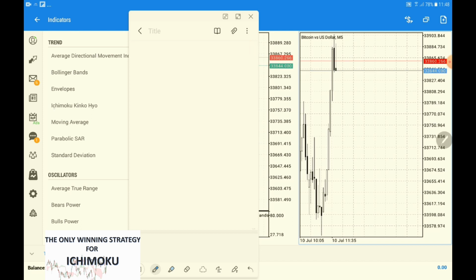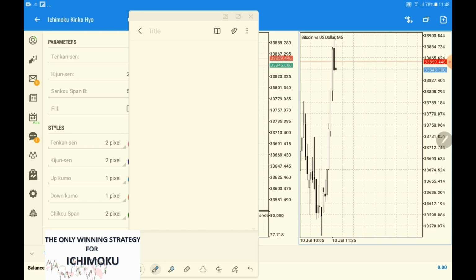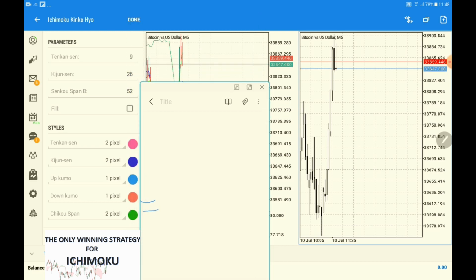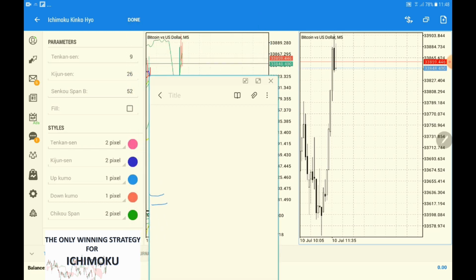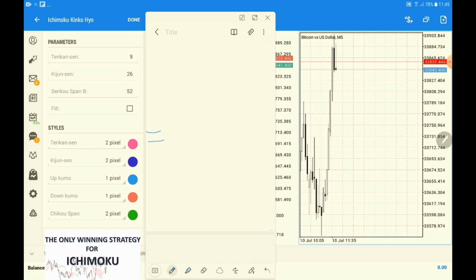So we find here Ichimoku Kinko Hyo. It's actually a Japanese indicator, I think. That's how it has that Japanese name. Good. So I have another chart right here that has a beautiful strategy which I'm not talking about today. So right here we have the Ichimoku. These are the components that go into the Ichimoku.